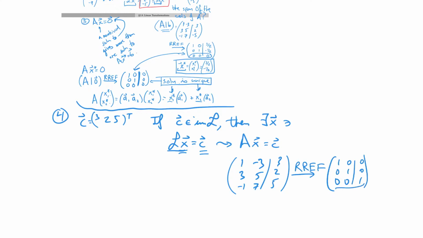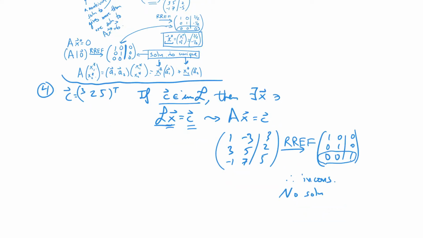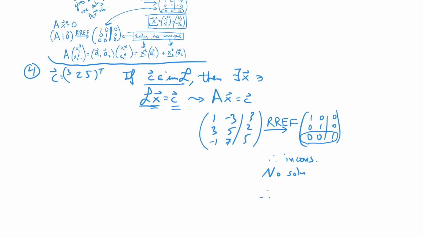What do we have going on over here? We have a pivot in the rightmost column. Therefore, this is an inconsistent system. So there's no solution. So, what does that mean for us? Is C in the image of L? Nope. So, therefore, C is not in the image of L.